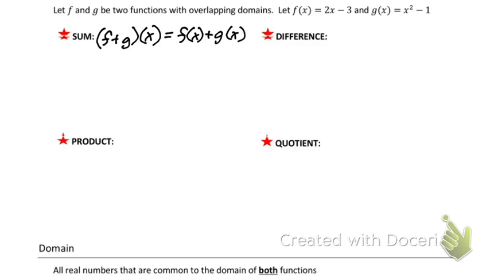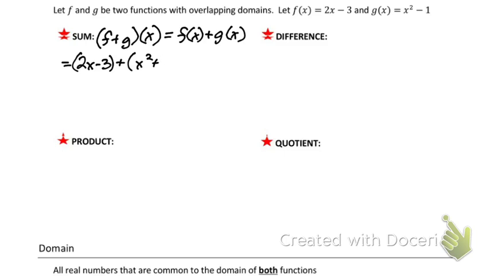But we know f of x and we know g of x. So we'd replace that f of x with 2x minus 3. And we replace that g of x. I'm going to go ahead and use parentheses, and you'll see why in a second. I'm substituting that g of x in with x squared plus 1. Oh, is it minus 1?